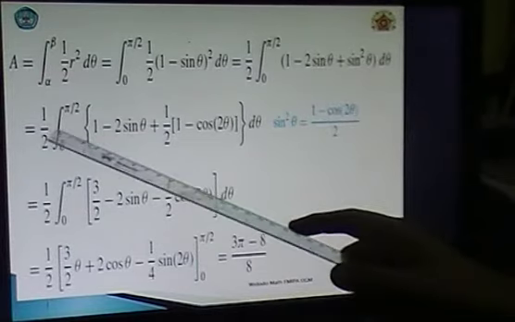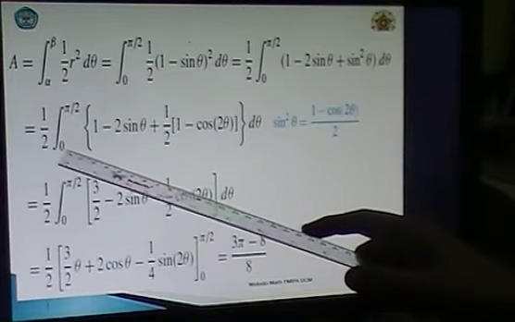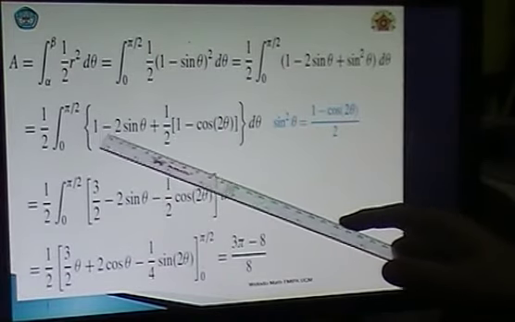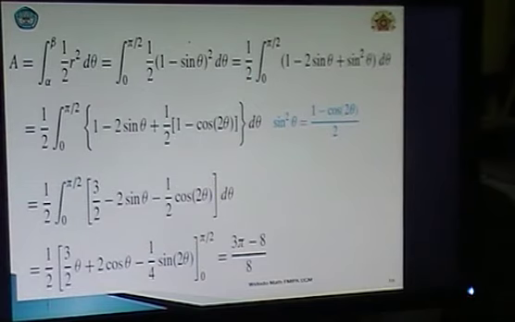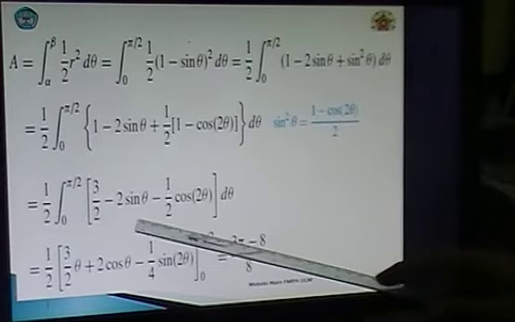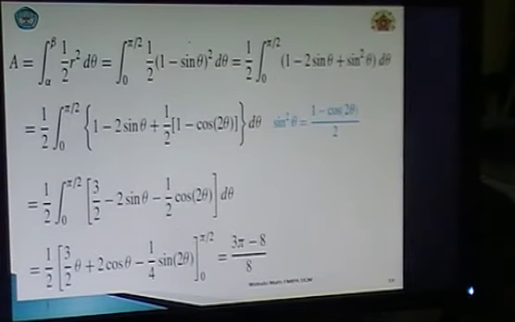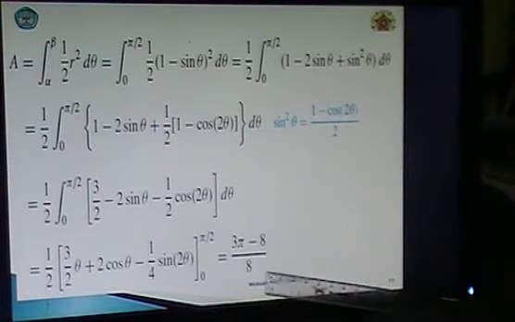So the integral becomes 1 over 2 times the integral from 0 to pi divided by 2 of this expression. If we calculate, it is very easy using the definite integral. Then you have (3 pi minus 8) divided by 8 unit area.